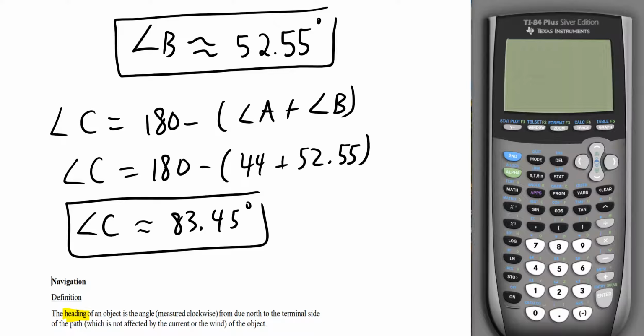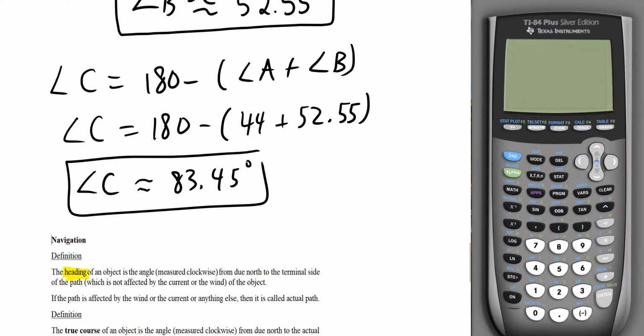So the heading is the angle formed by the north direction and the terminal side, and you will see what that terminal side is in a minute. Also, we need to introduce the path.